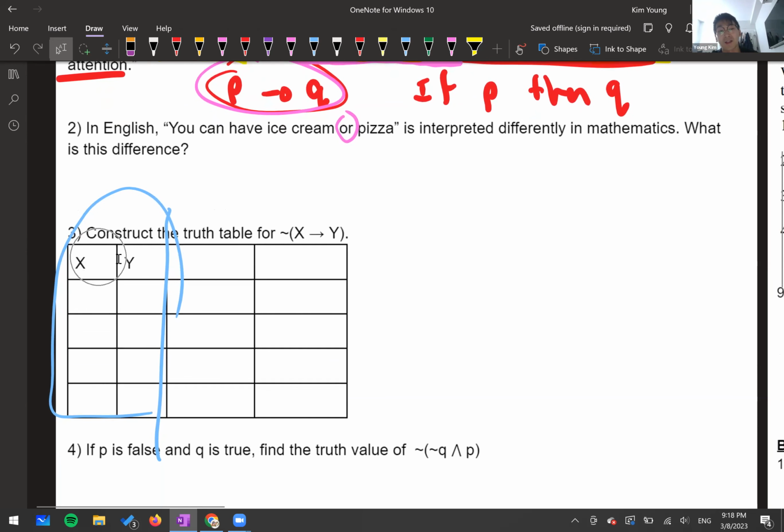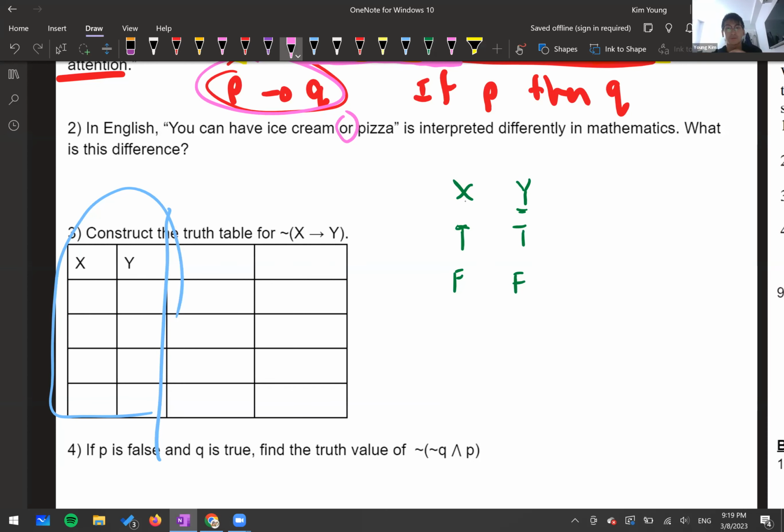But here, X and Y are not numbers, right? They're supposed to be statements, okay? So, well, if X is a statement, then by definition, it has to have a truth value. So it could only be true or false, right?